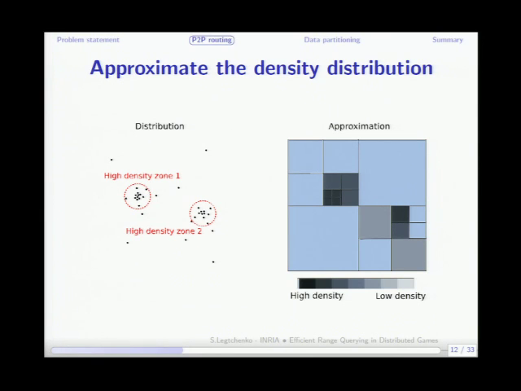On the right is the corresponding approximation of the density of the game space. We can clearly see the two hotspots with high density identified. Since it is an approximation, the density inside each zone is considered to be uniform.